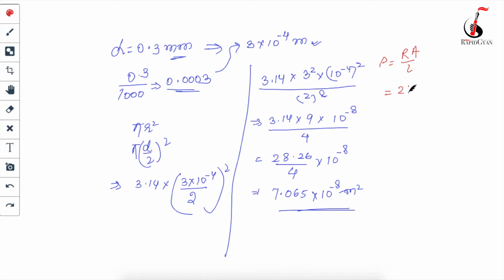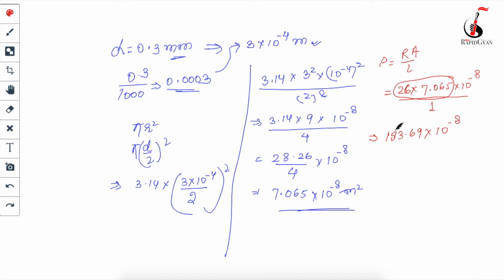R is your 26 ohm and your area is 7.065 into 10 to the power minus 8, divided by length, which is just 1 meter. So when you multiply 26 with this, what will you get? You will get 183.69 into 10 to the power minus 8.